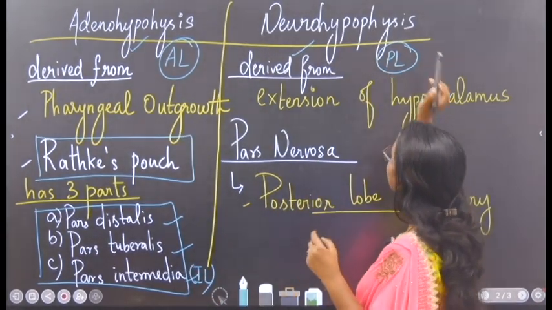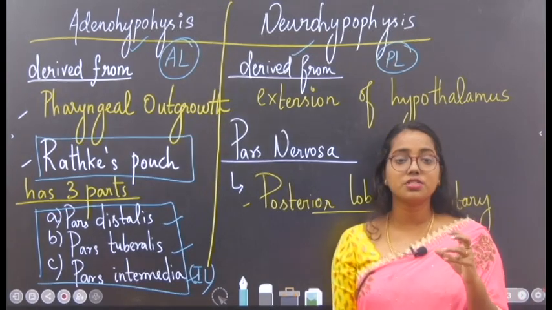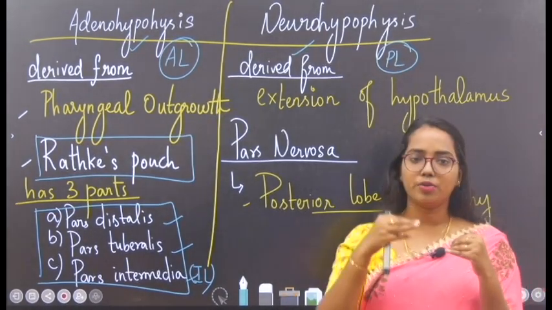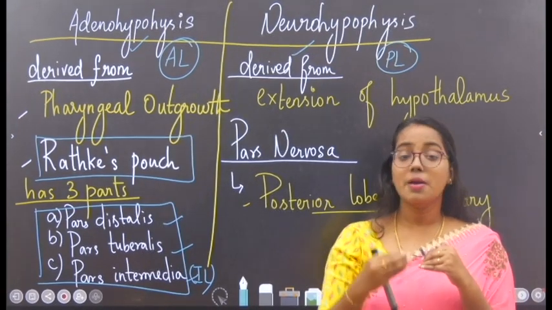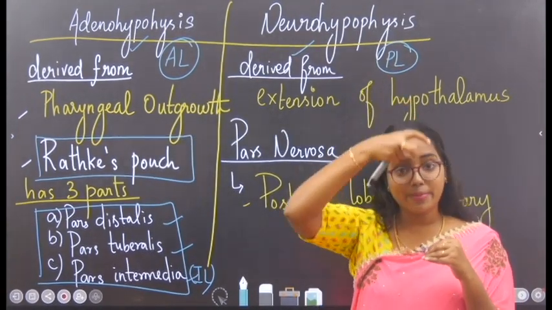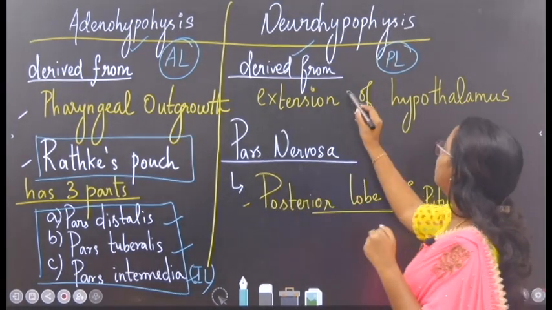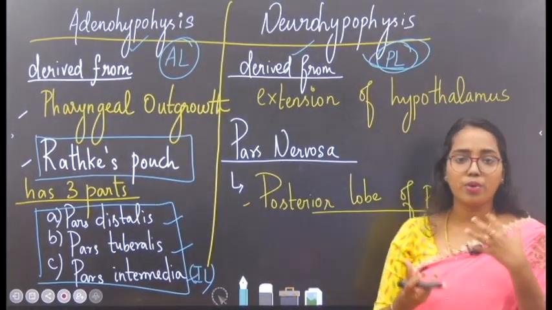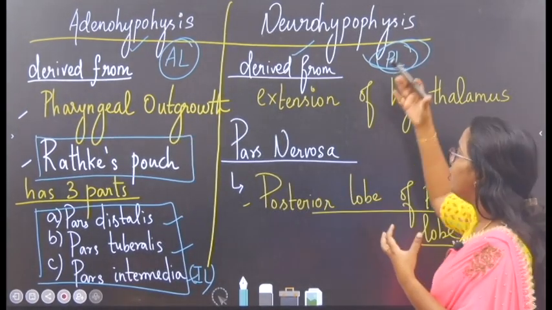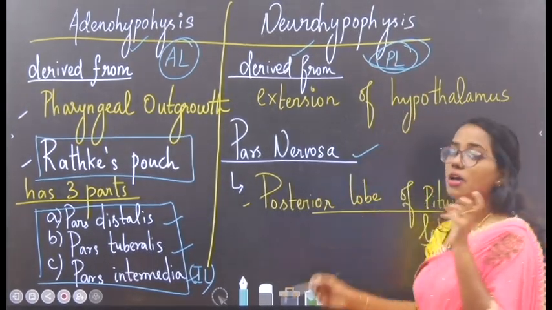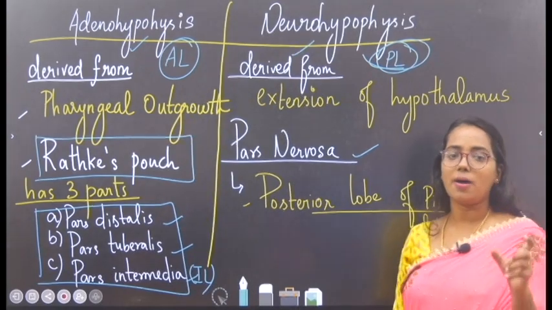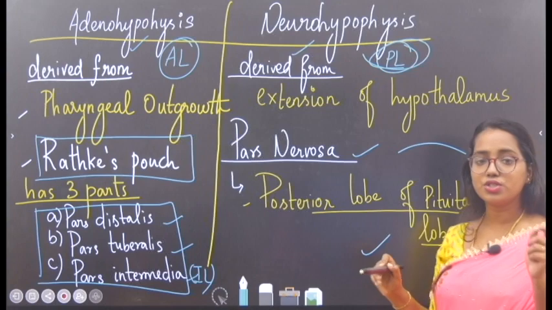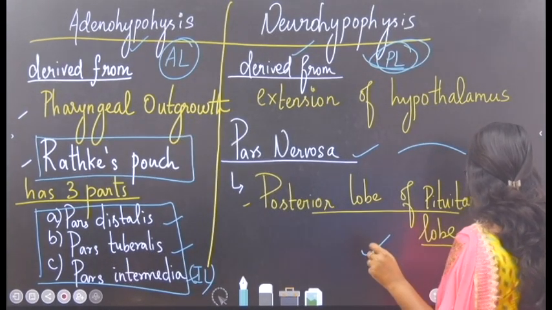Next, the posterior lobe of the pituitary, the neurohypophysis, is derived from the hypothalamus. In the last video we discussed the hypothalamus. So, the posterior lobe of the pituitary is an extension of the hypothalamus. The part is called pars nervosa, which is nothing but the posterior lobe of the pituitary gland.